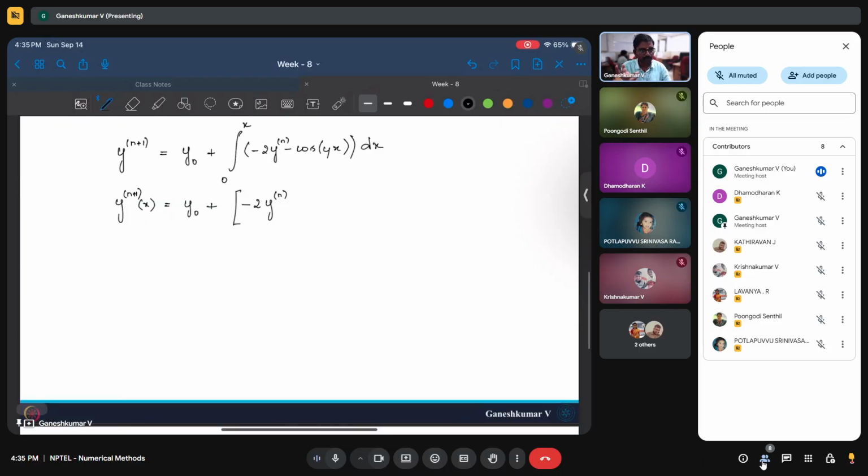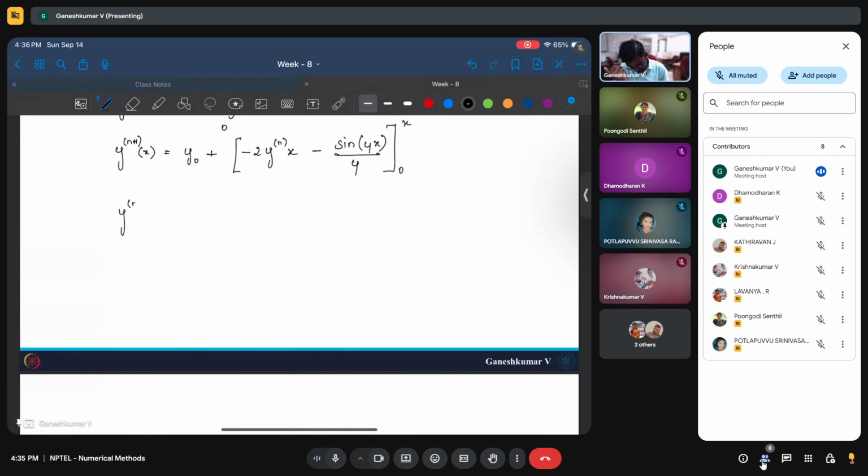If you don't understand, please let me know. This is an important thing to understand. So we get 2yn times x, minus the integral of cos 4x, which is sine 4x by 4, evaluated from 0 to x.